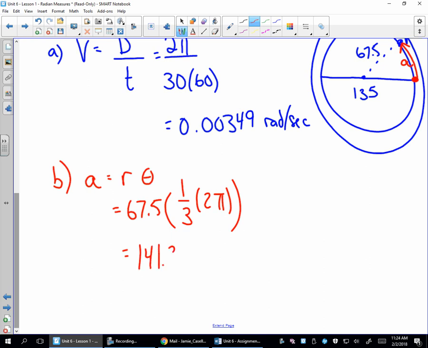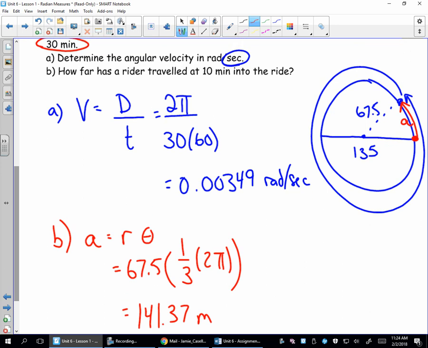I've traveled 141.37 meters. I can problem solve with this. How fast are they traveling? Their angular velocity is 0.003 radians per second. I can actually also figure out how far they've traveled.